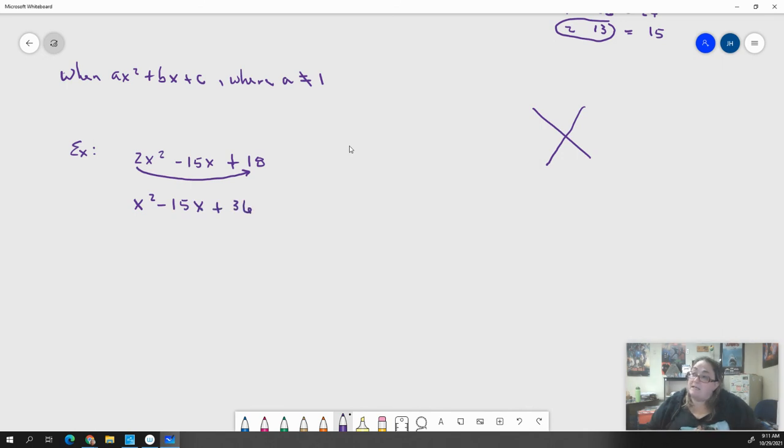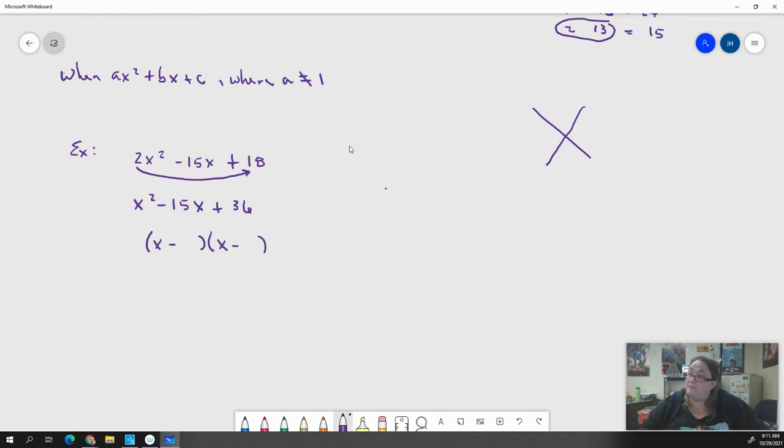Then I can take the factors of 36, just like I did before, right? So we know what our factors are going to look like: an x minus something times an x minus something else. If you don't remember, just use the chart, right? That's okay. Now we're going to do it just like we had before.